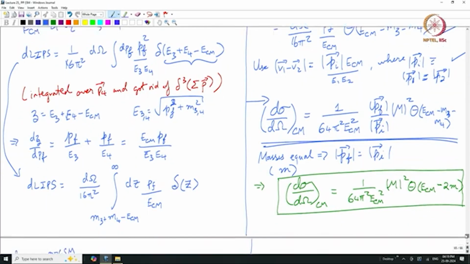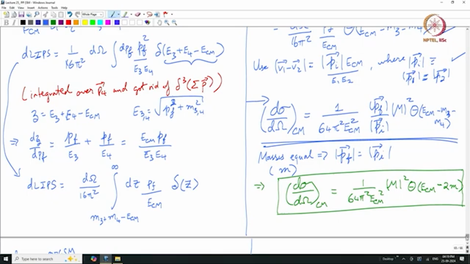You have 1 over the center of mass energy squared, which gives the correct dimensions to the differential cross section with respect to solid angle, and the M squared again encodes all the dynamics. If that is large then the transition rate is going to be large, and you have the theta function ensuring that you put in the correct amount of center of mass energy to produce the final states.